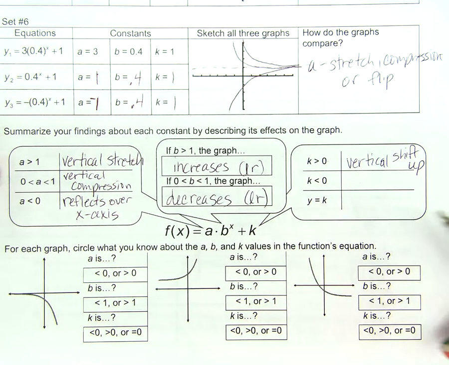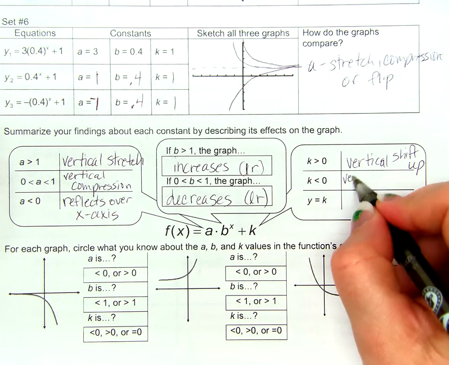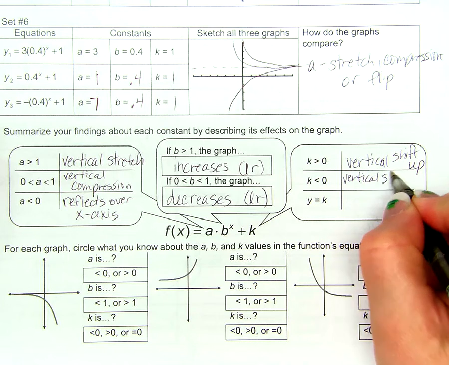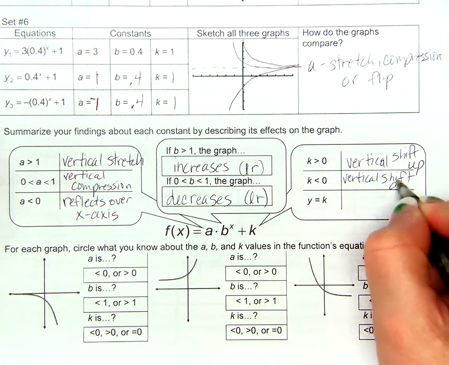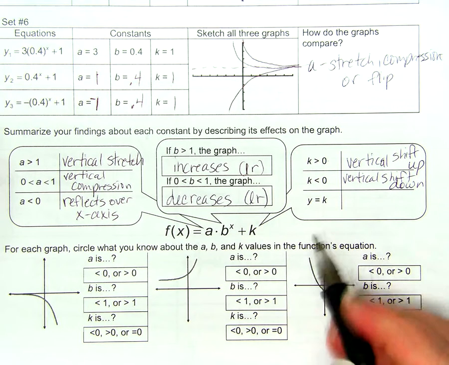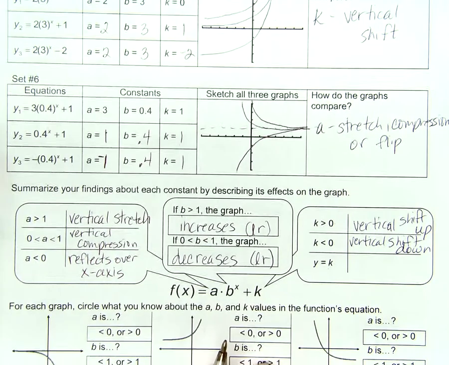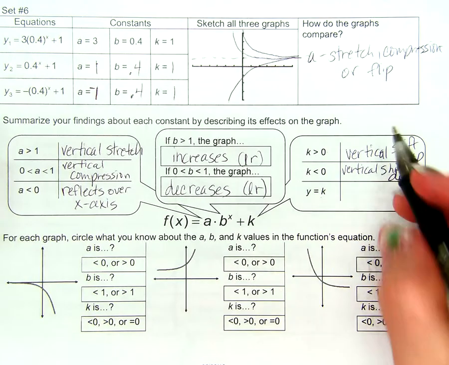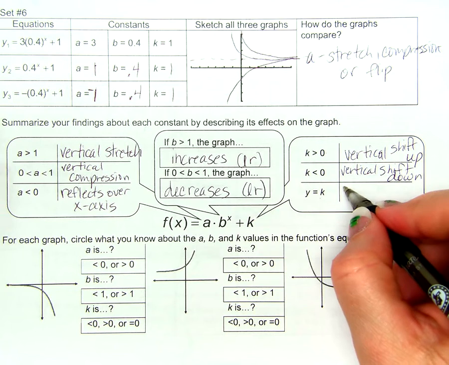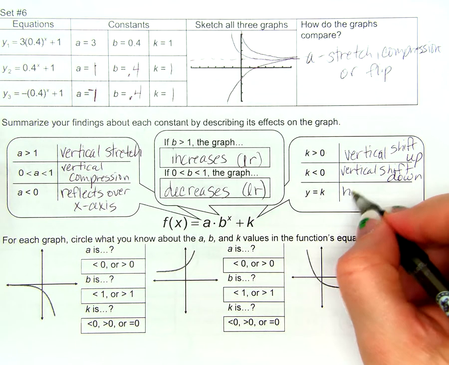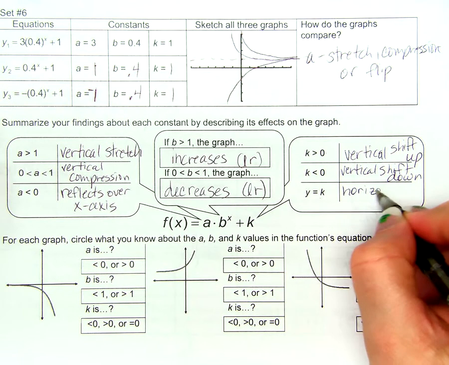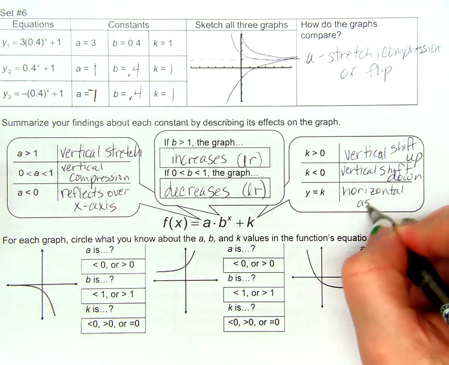And when K is less than 0? What about Y equals K? Oh, what kind? Horizontal asymptote. Very good.